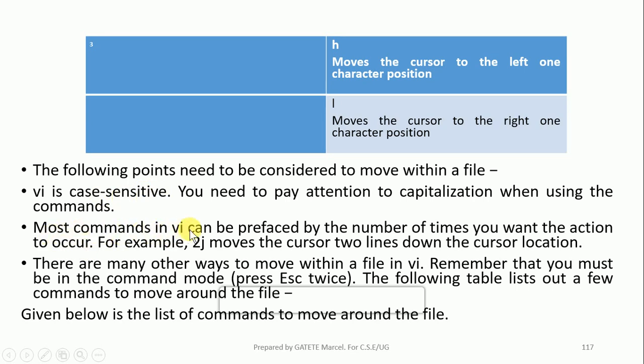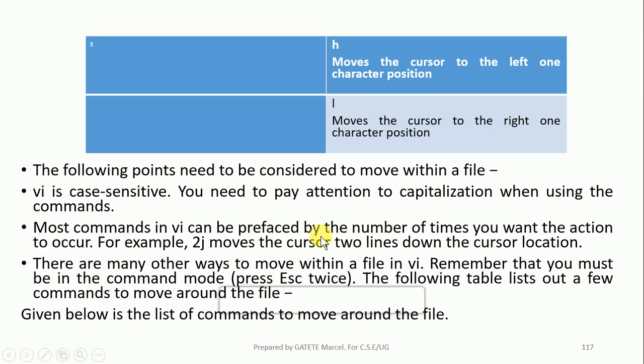Most commands in VI can be prefaced with the number of times we want the action to occur. For example, if I put 2J, it will move the cursor 2 lines down.